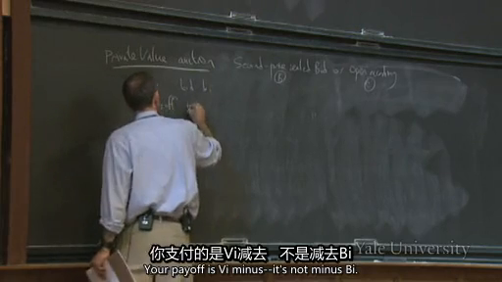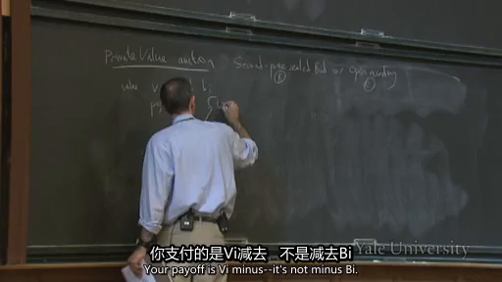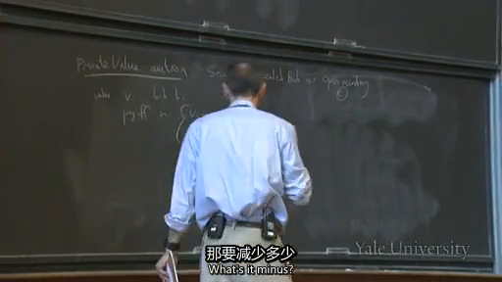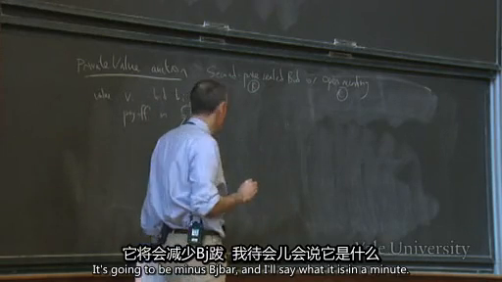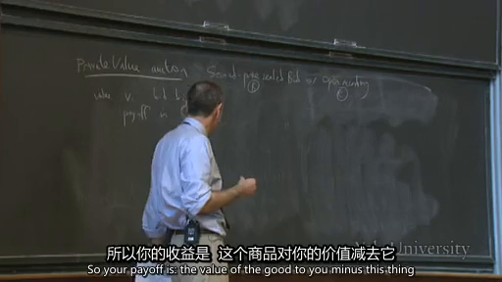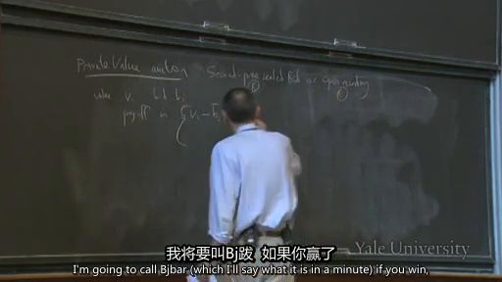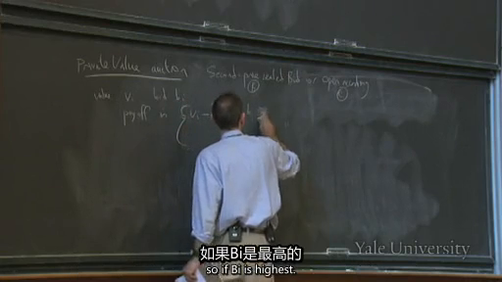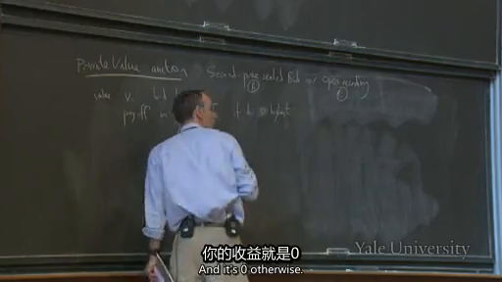Your payoff is VI minus, but it's not minus BI. What's it minus? Let's call it BJ bar, and I'll say what it is in a minute. So your payoff is the value of the good to you minus BJ bar if you win, so if BI is highest, and it's 0 otherwise.